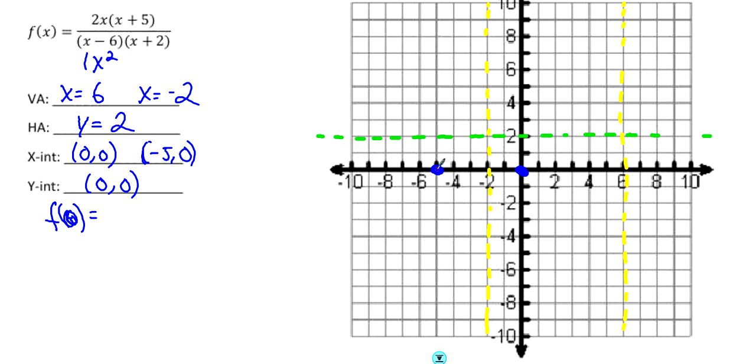The first possibility is that it comes down this way, right? We know it's got to cross our x-intercept like this, but then it follows its asymptotes and comes back this way. So that's our first possibility. Our second possibility is if it comes from the bottom and then crosses and goes like that. Those are the only 2 possibilities.